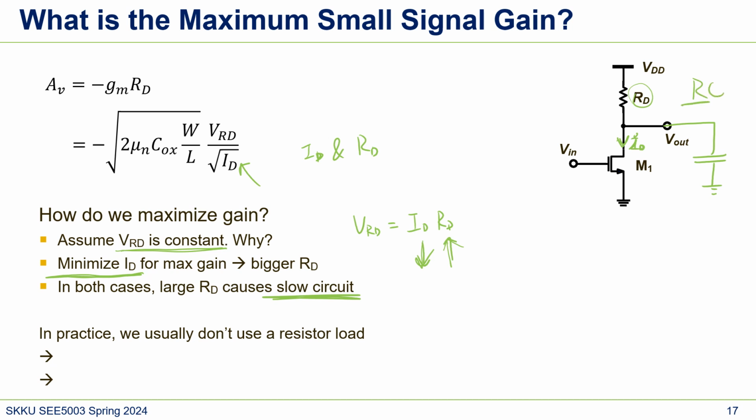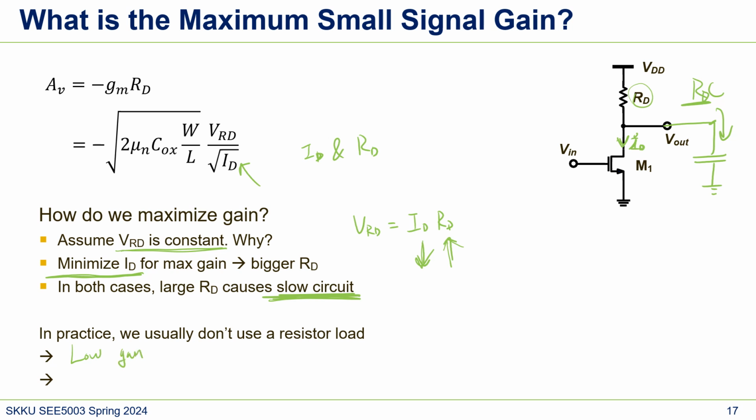If you have a large RC and a large RD, the current that flows here is small, so we have a hard time changing the voltage here, right? That's why we said the circuit is slow. In practice, we usually don't use a resistor load because of low gain.